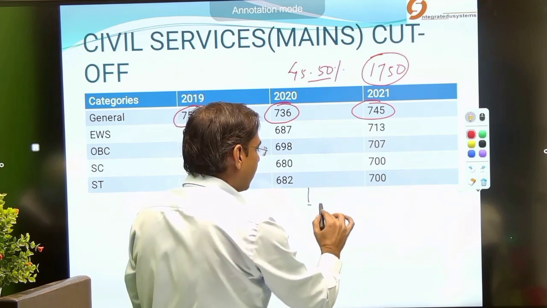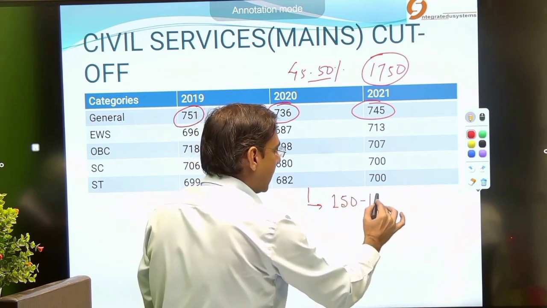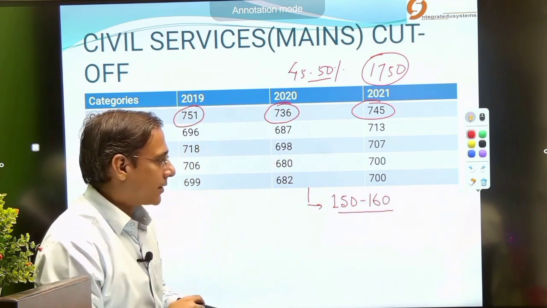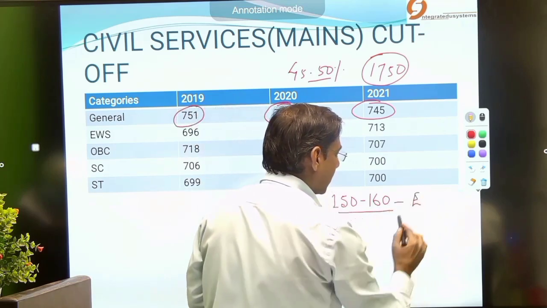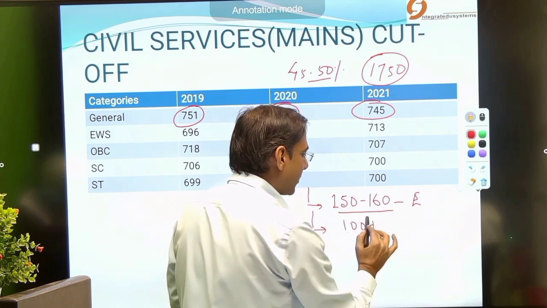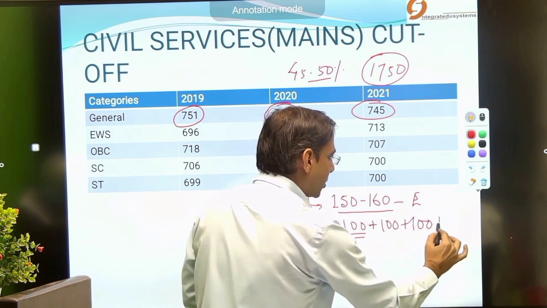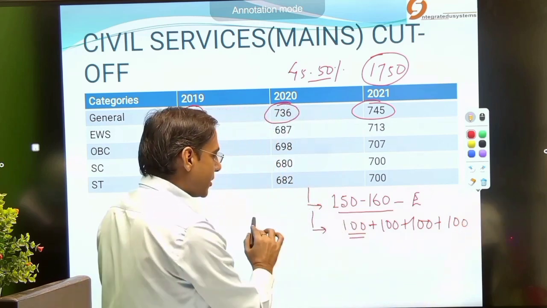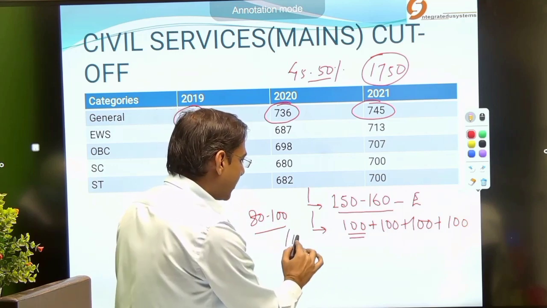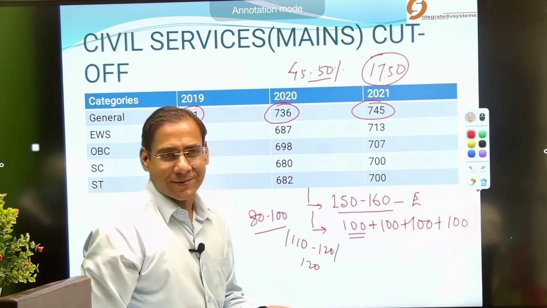According to my own opinion, if the candidate manages 150 to 160 marks in essay, though it's not quite easy to achieve 150 or 160 in essay, and if a candidate is able to manage 100 marks in each GS paper, because, as I have said, average marks in GS is 80 to 100, a good candidate achieves 110 to 120, and an extraordinary candidate has more than 120 marks.